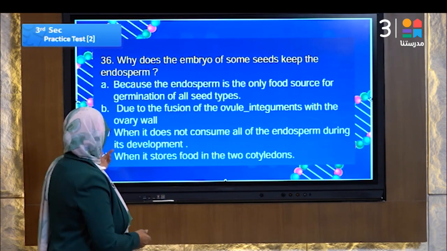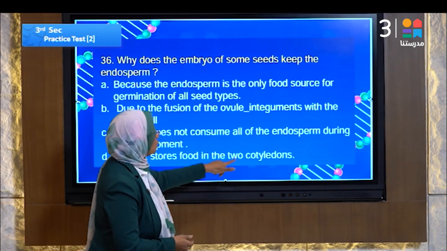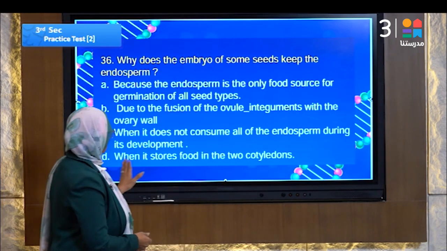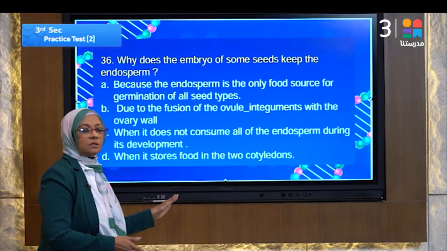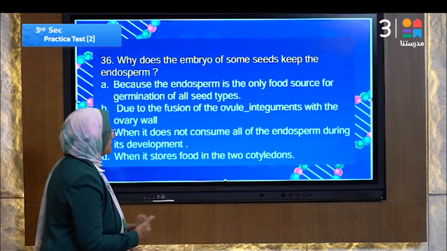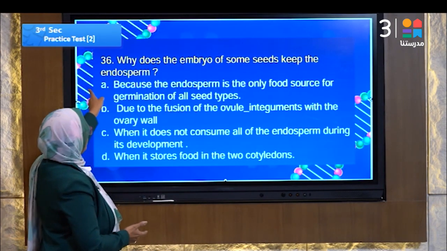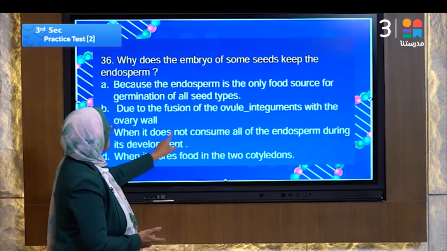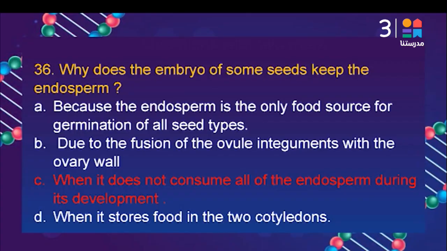Maybe when it stores food in the two cotyledons? No, it's not consumed at all. It remains, so some seeds keep the endosperm because it's not consumed. Let's go to the answer. Yes, that's the answer. The seed does not consume the endosperm.